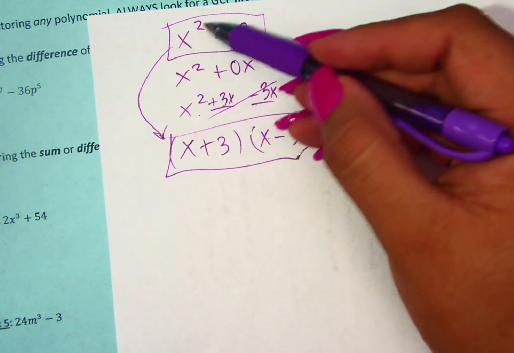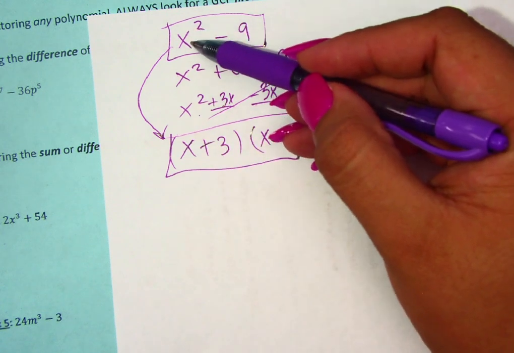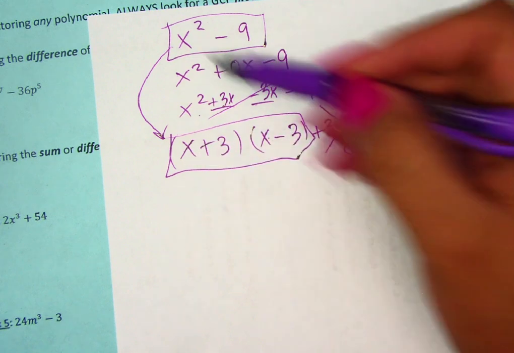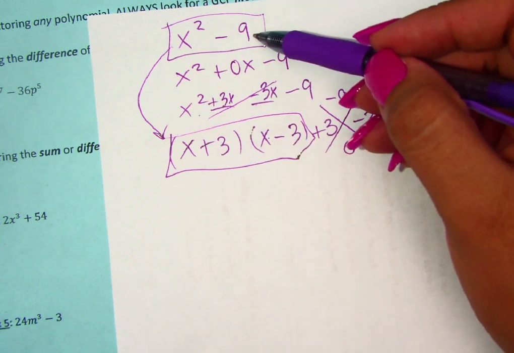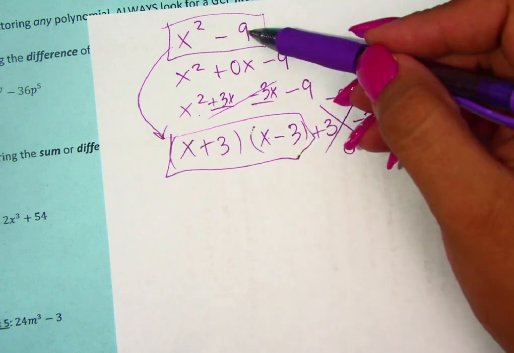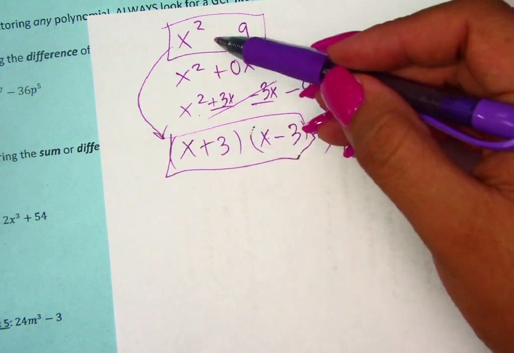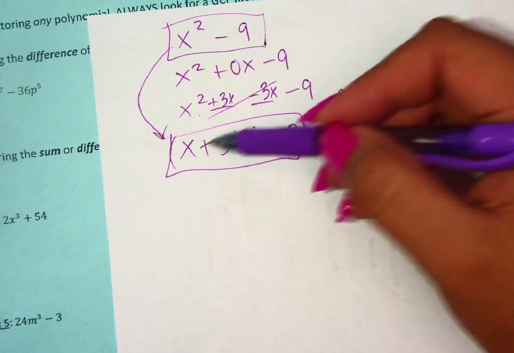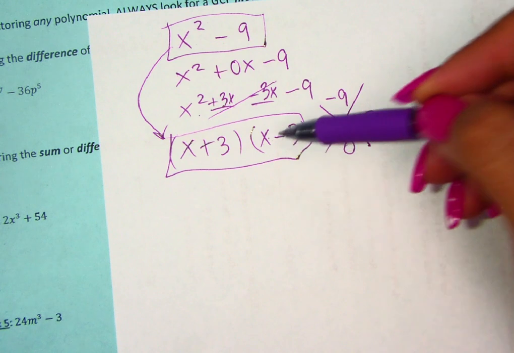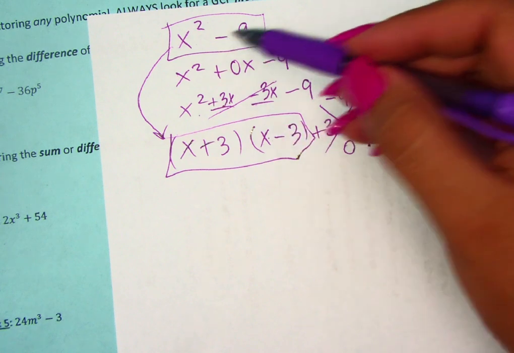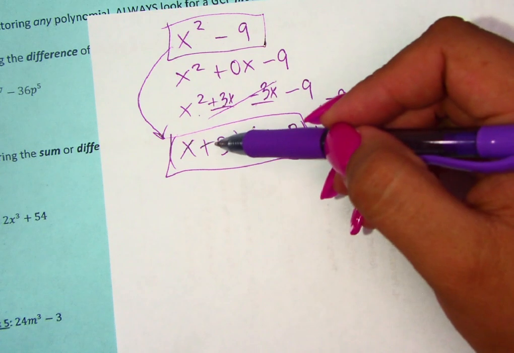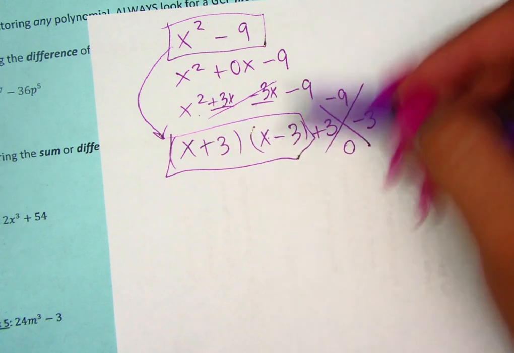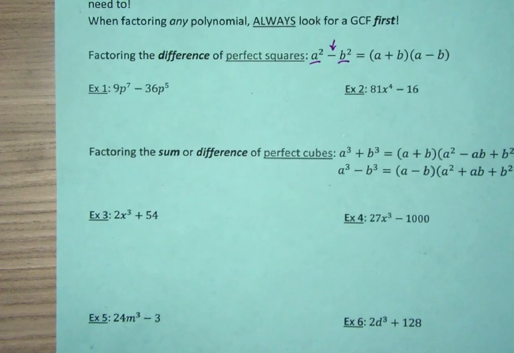The square root of x squared is x, and the square root of 9 is 3, so 3 times 3 is 9. There's no middle term, so one's a plus and one's a minus. Also, to get a negative value when you multiply, one has to be positive and one has to be negative. This mindset goes behind these two examples right here.